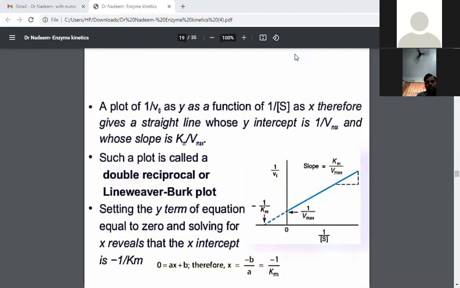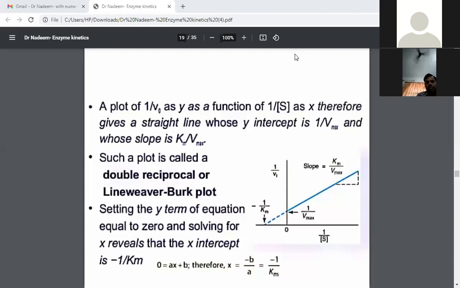That is the concentration of Vmax. When this straight line is continued backward and joined to the x-axis, that intercept gives the value of Km, and it is represented as -1 upon Km.